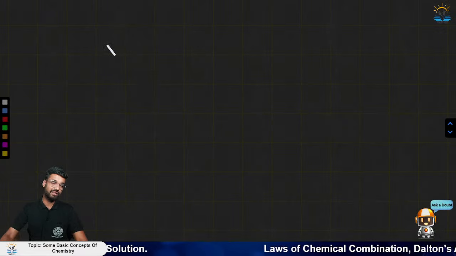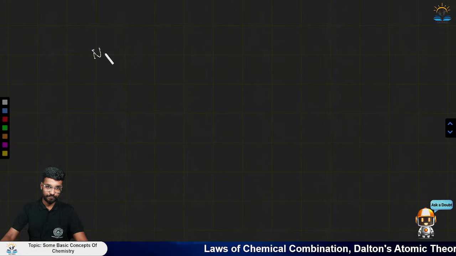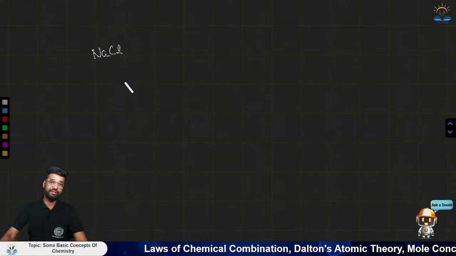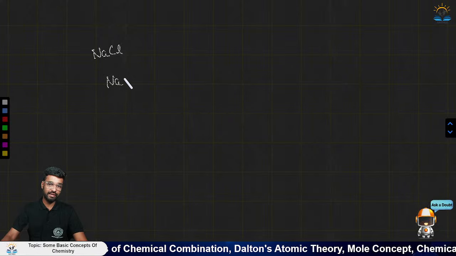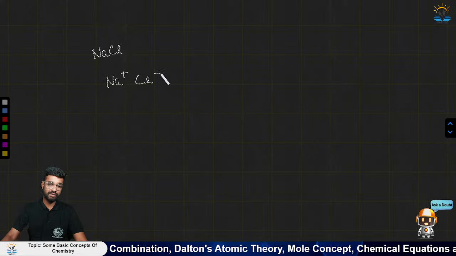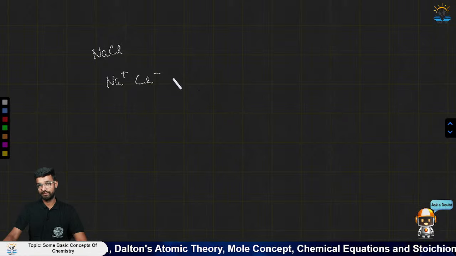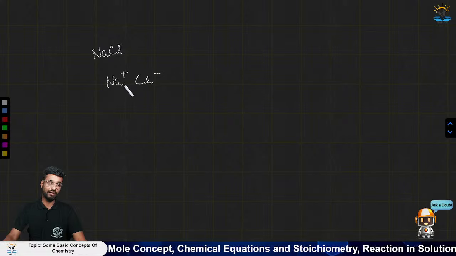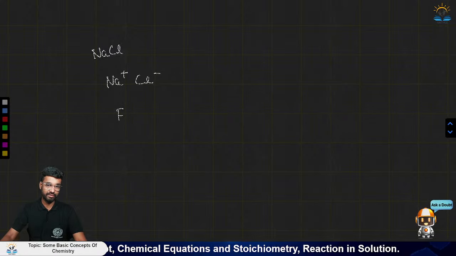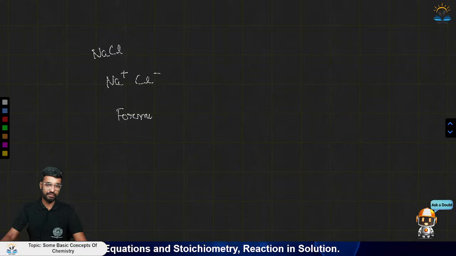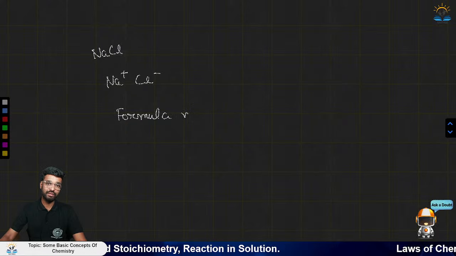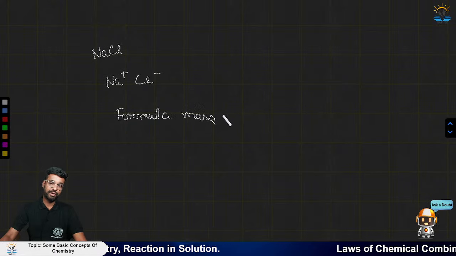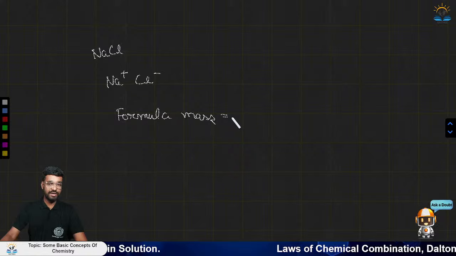For this we take the example of sodium chloride salt. We know very well that it is present in the form of ions, that is Na plus and Cl minus, and it has a 3D crystal structure. Now if we calculate the overall mass, then we call it the formula mass for this crystal structure. The important thing is that they are calculated in the same way.